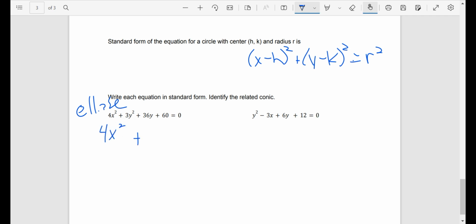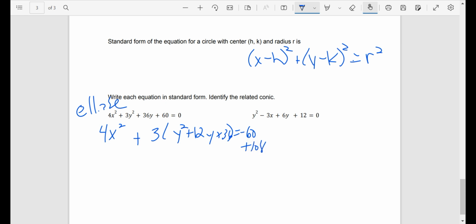Completing the square. So factor out a 3, so it's going to get us y squared plus 12y, and move the 60 over. And then what am I going to add here? 12 divided by 2 is 6. 6 squared is 36. And what am I going to add to both sides? It's going to be 108.